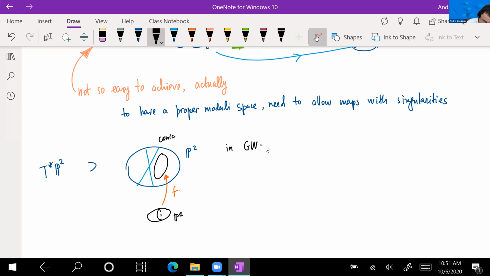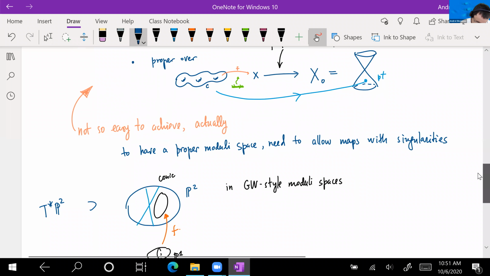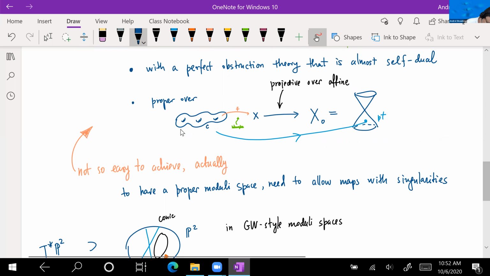Gromov-Witten style moduli spaces, what you will have to allow, even so we map. When you consider a moduli space of maps, you may decide that you're mapping from a parametrized curve or an unparametrized curve.